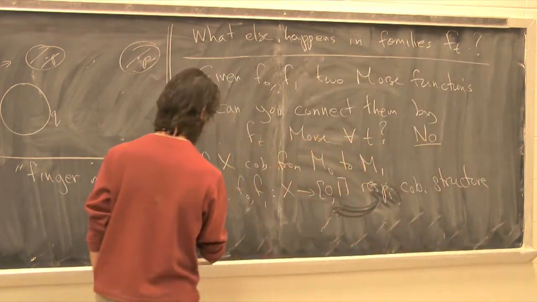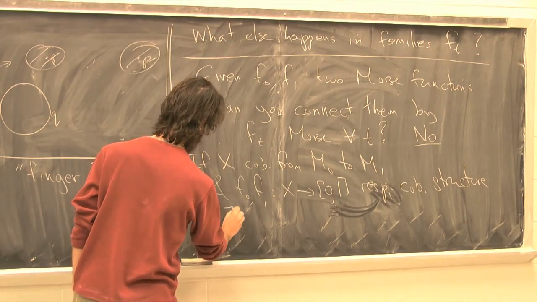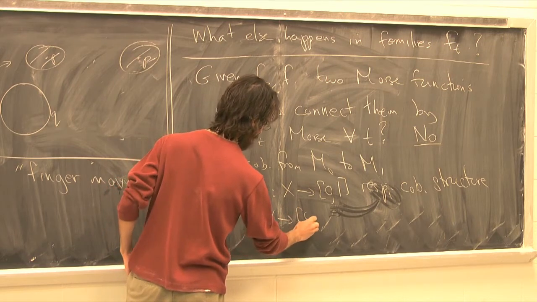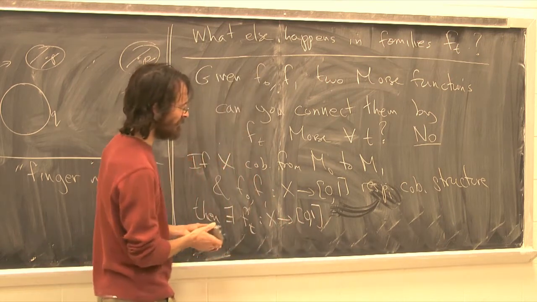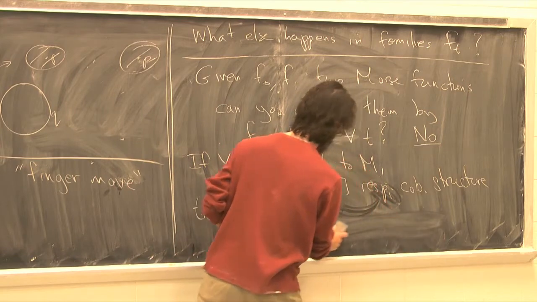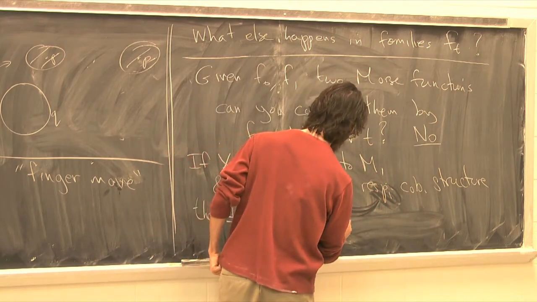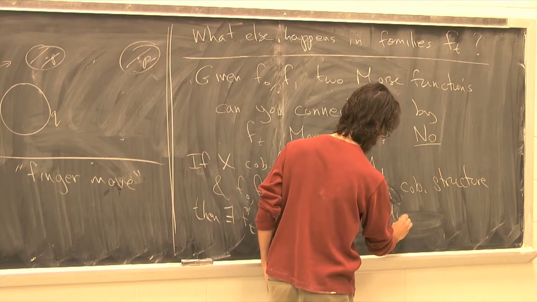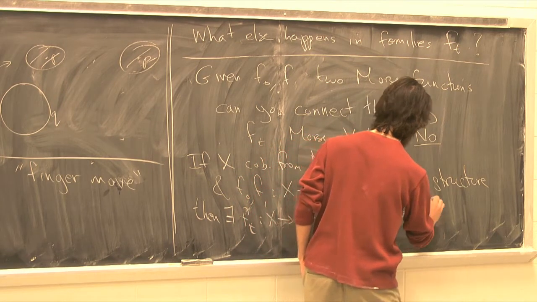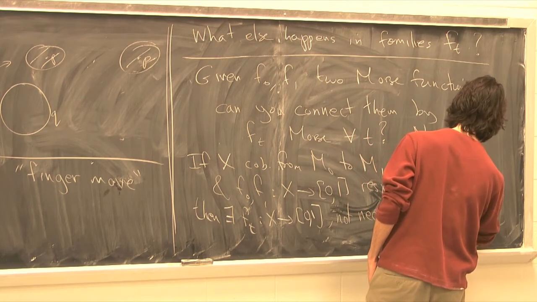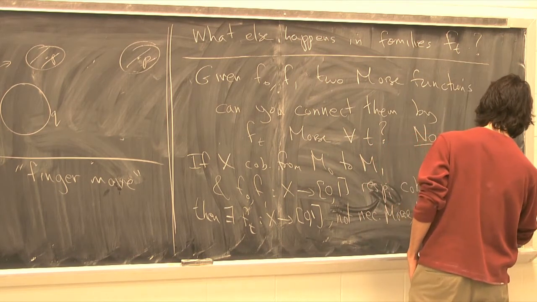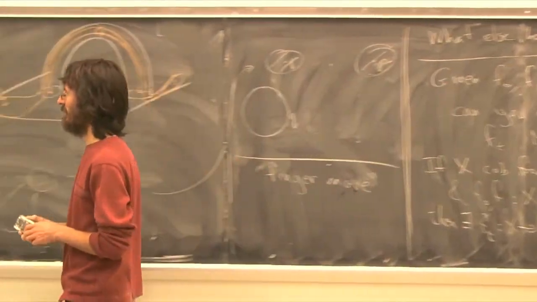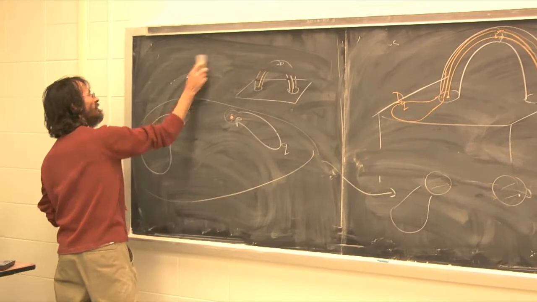Then there will exist some one-parameter family F_t from X to [0,1] which at least respects the cobordism structure, but they may not be Morse functions. You can think about why that's true; it's not that hard to see.